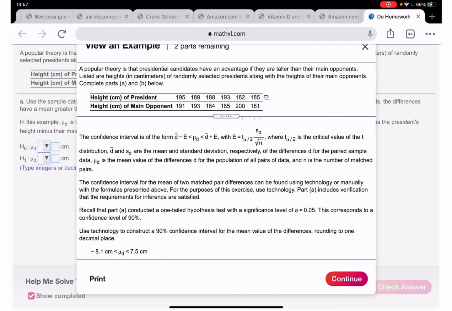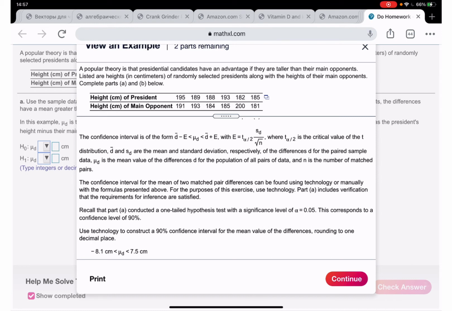So what we're going to do again, it's asking for a 90% confidence level. So for one tail, we had alpha equal to 0.05, which corresponds to a confidence level of 90%. They are taking two tails because the confidence interval has a lower limit and an upper limit, right?